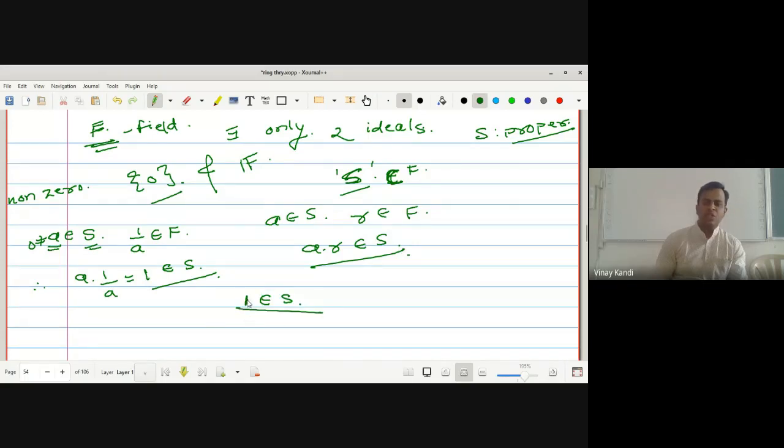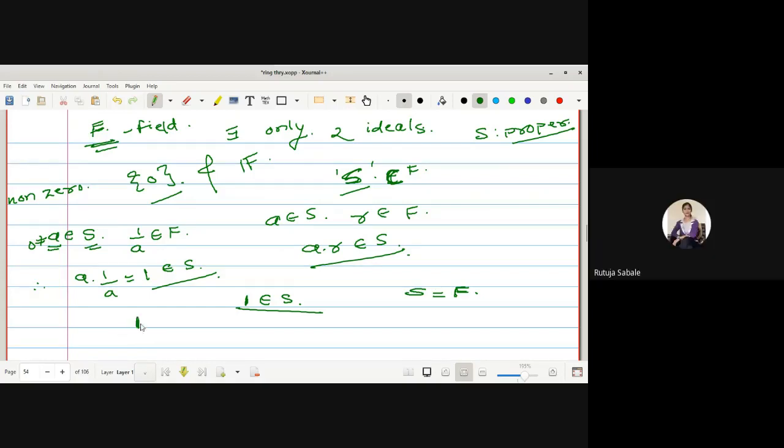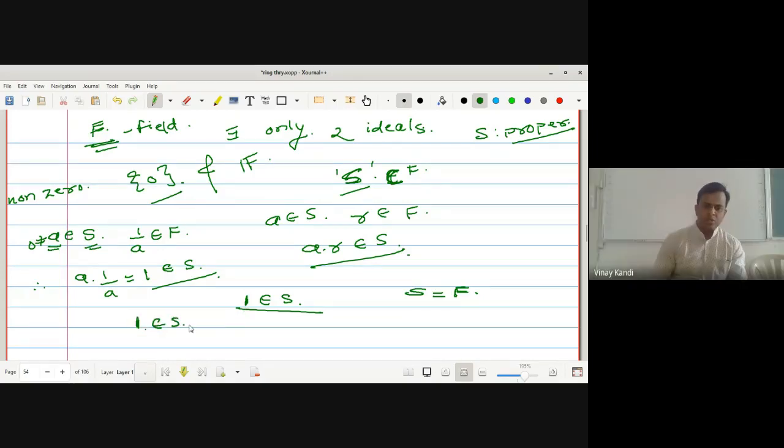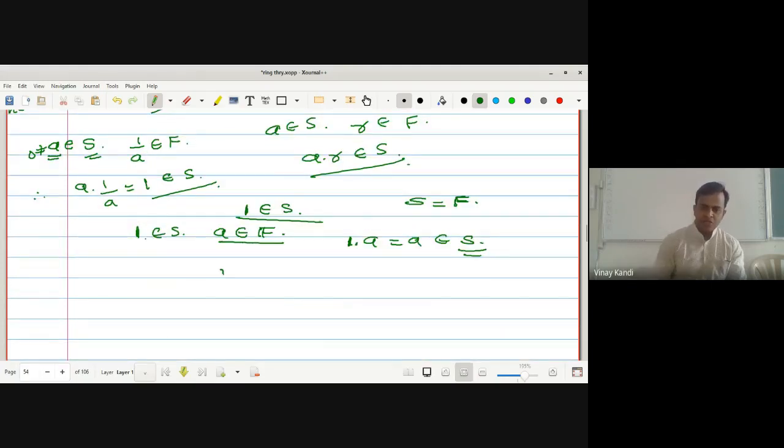जर एखाद्या आयडियल मध्ये 1 हा युनिटी एलिमेंट, मल्टिप्लिकेटिव्ह आयडेंटिटी जर त्या आयडियल मध्ये गेला तर तो काय होतो? S इज इक्वल टू F. Okay? How? Yes, sir. So suppose 1 belongs to S and a is any element that belongs to F, then 1 into a, which is equal to a, belongs to S, this is the definition of ideal. So if a belongs to F, it implies a belongs to S. What it implies?